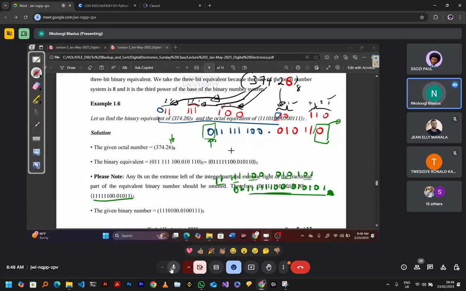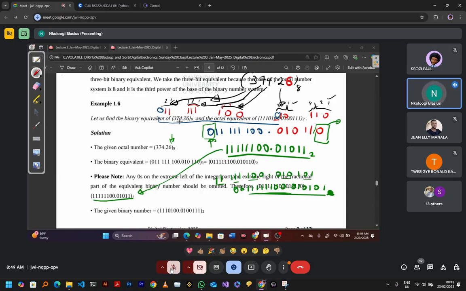So the answer would be 1 1 1 1 1 1 0 0.01011 base 2. So does this reflect the same as this answer? Yes. So that's the working.